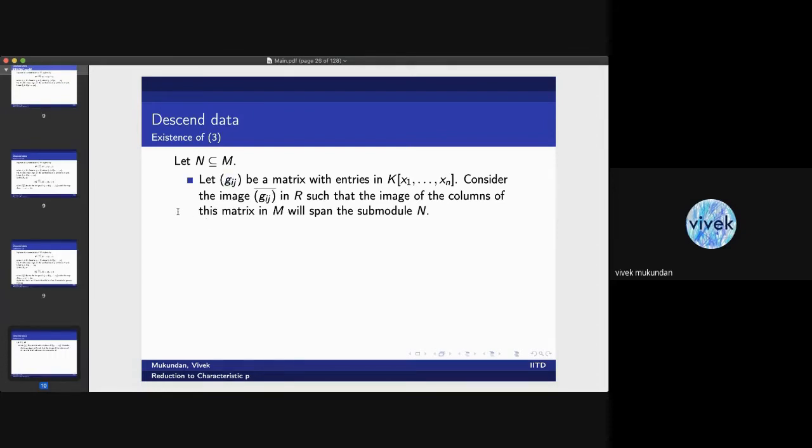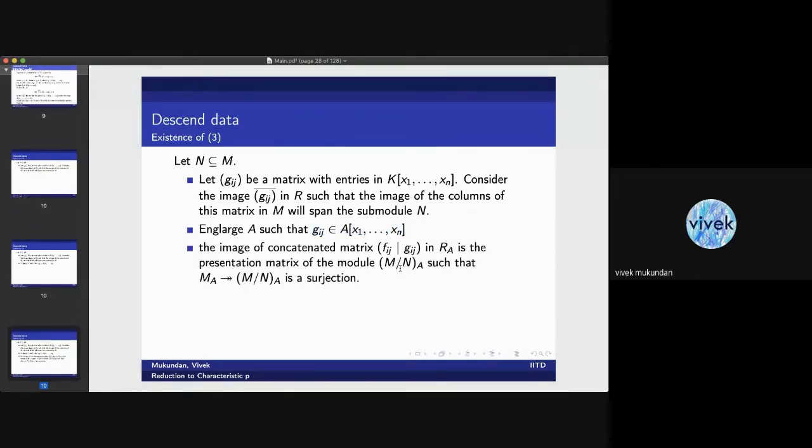So take the Gij. As we did before, attach the coefficients of Gij to A to make A bigger, to make sure that Gij is also defined in A adjoin X1 up to Xn. And then the image of the concatenated matrix is the presentation matrix of the quotient M mod NA, so that MA is surjected onto M mod NA.